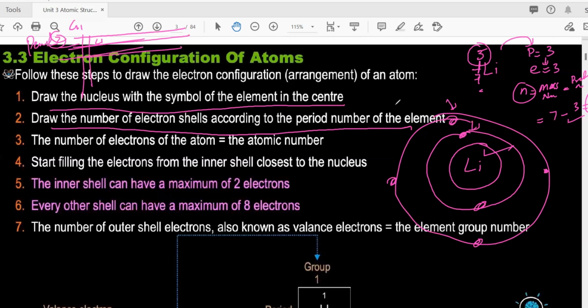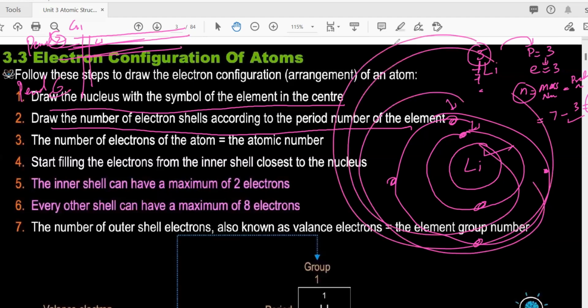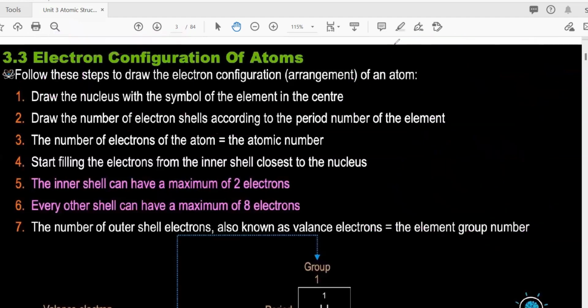In other words, the period number will tell you the number of shells. If an element is in period number 6, you have to draw 6 shells around it. So it is also a shortcut. If you want to know how many shells you will draw, see its period number.